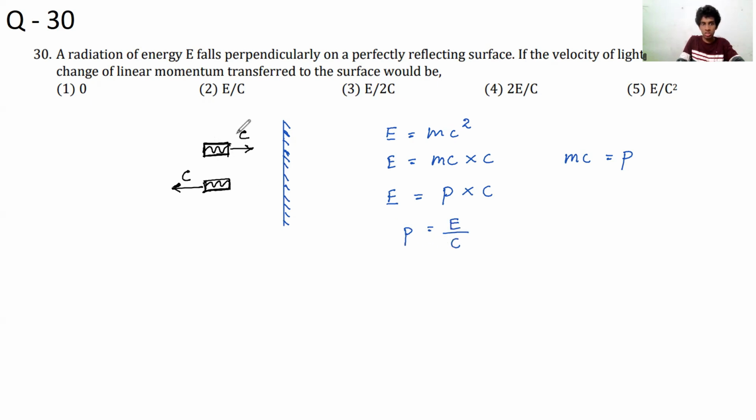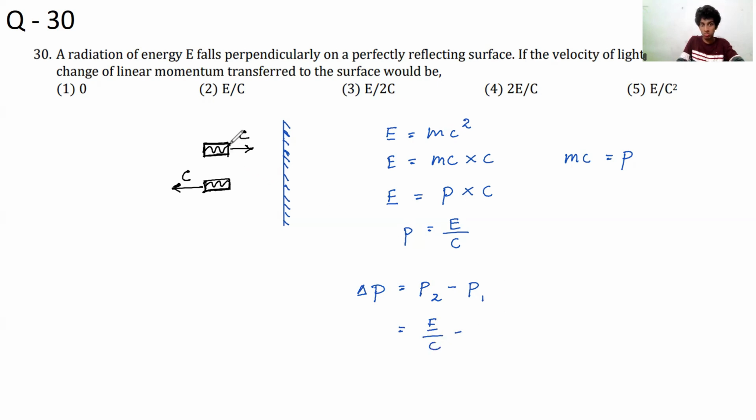Here, the radiation of energy E falls perpendicularly on a perfectly reflecting surface, and it bounces back in the path it came before. So the change of linear momentum would be delta P, that is final momentum minus initial momentum. So the final momentum is E over c minus the initial momentum.